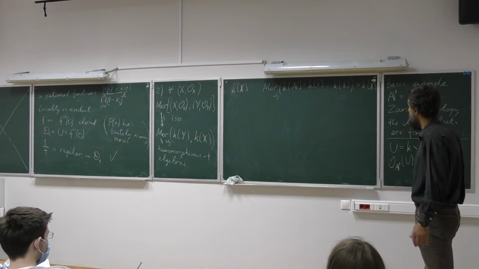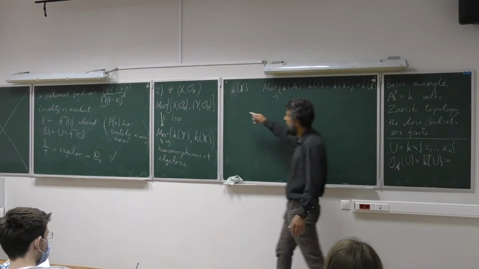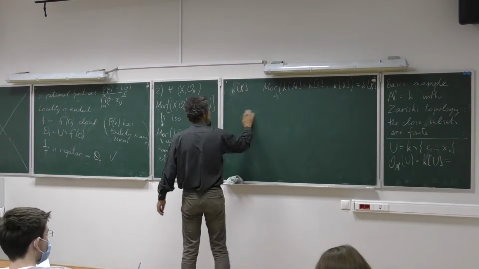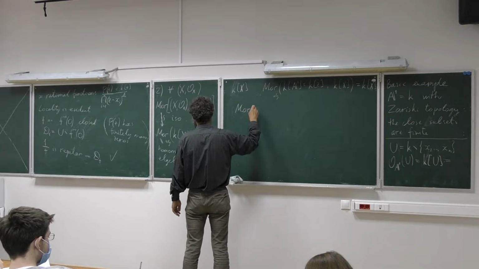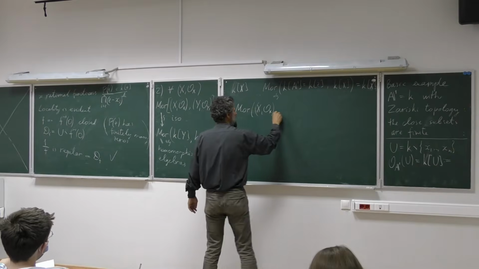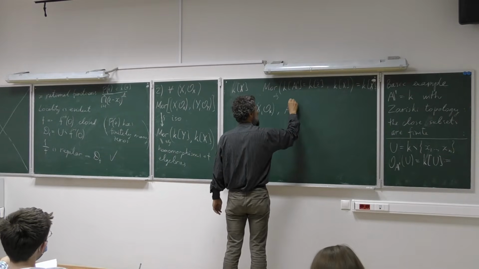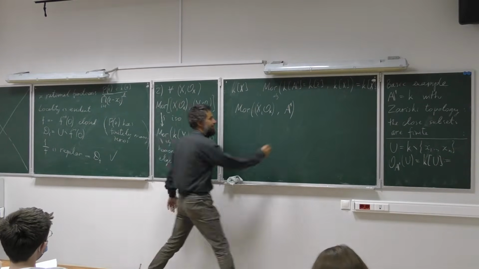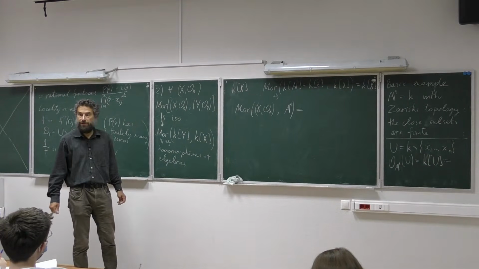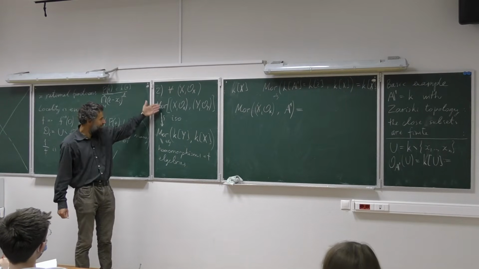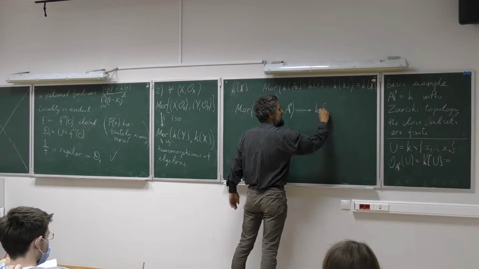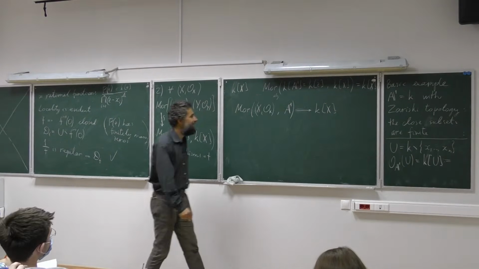Okay, fine. And what about the morphisms of ringed spaces? Again, we do have a morphism from here to k of X, right?